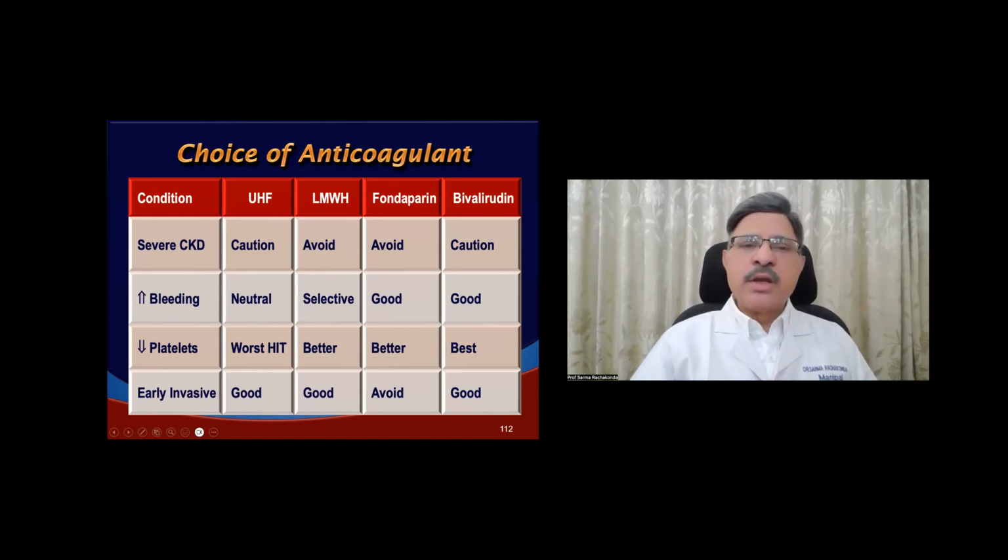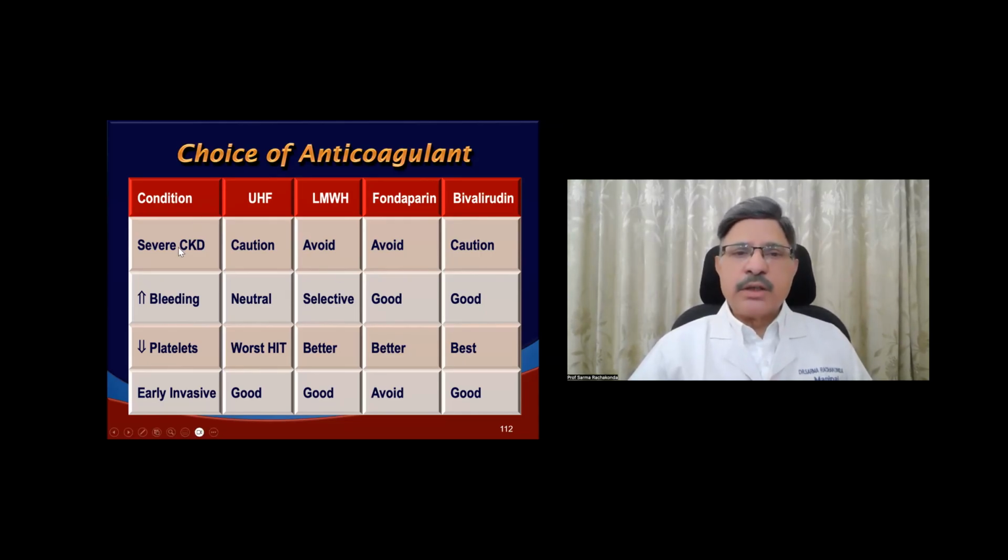This summarizes what anticoagulant I should use. Severe CKD: UFH and bivalirudin. Increased risk of bleeding: fondaparinux and bivalirudin. Thrombocytopenia: best is bivalirudin, or you use LMWH or fondaparinux. If early invasive treatment is contemplated, except fondaparinux, all are good.